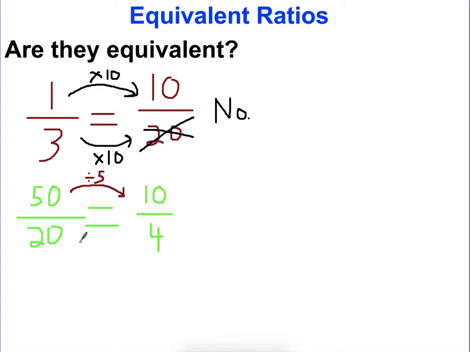Let's see if we can use that same rule in the denominator. Numerator, divide by 5, that's 10. 20 divided by 5, that is 4. So they both check out. So this one works. We're going to say yes for that one. So that's one way that we can find if ratios are equivalent.